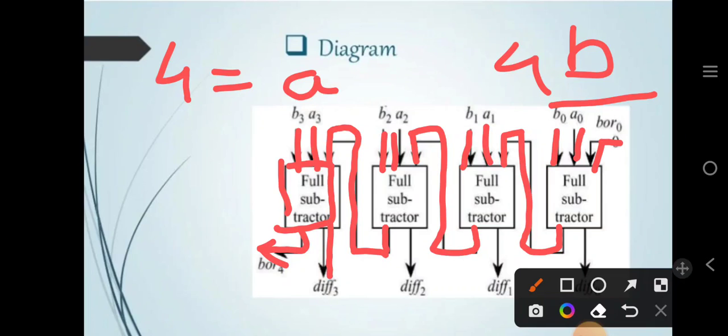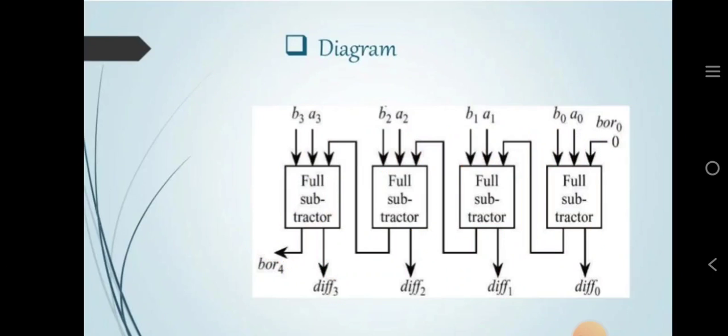And the difference bits are collected as the difference. So difference you get here and the borrow you get here. So this is how you can use 4 full subtractors to make a large full subtractor for 4-bit subtraction.